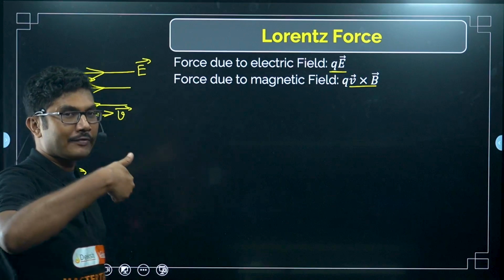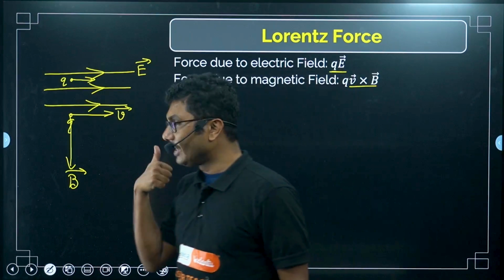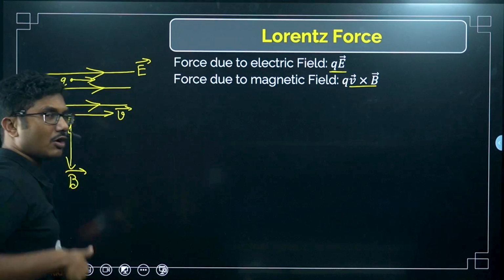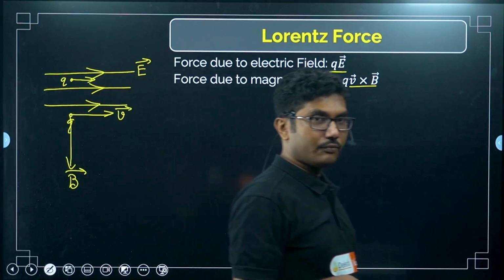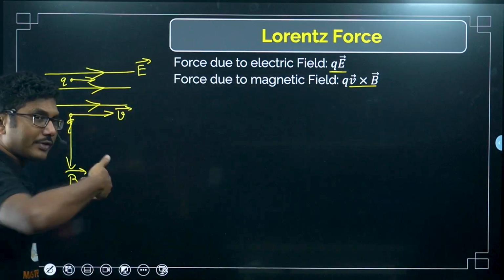Whenever our thumb is pointing out, that will be the direction of the result. So V cross B is the direction of the magnetic force on the charge. This is the easiest way to remember.